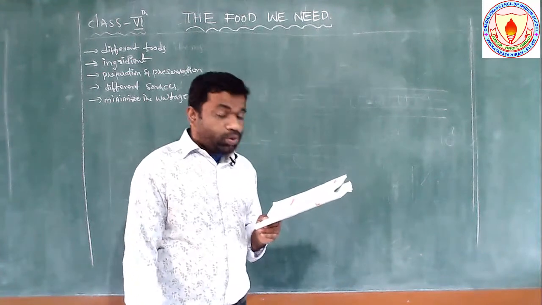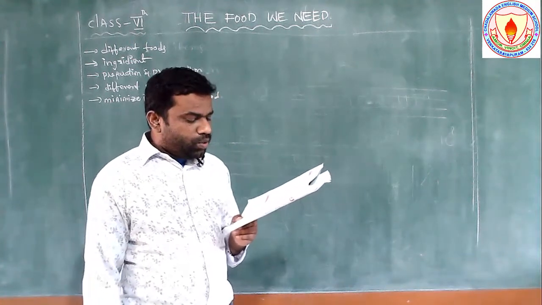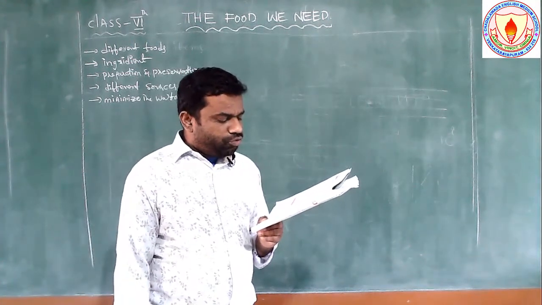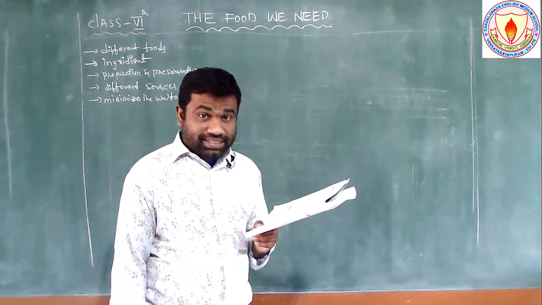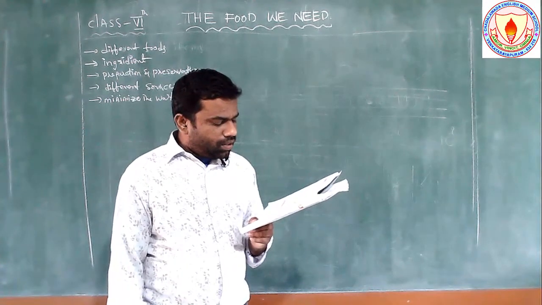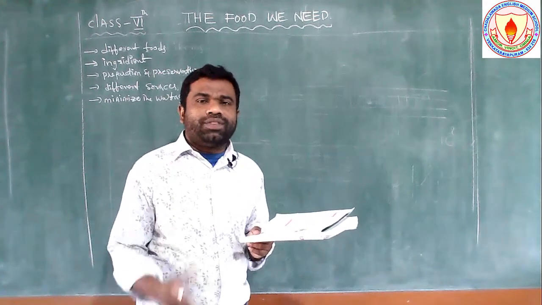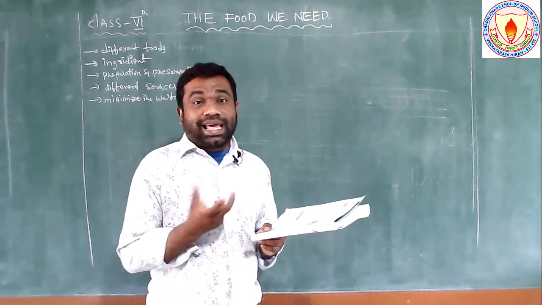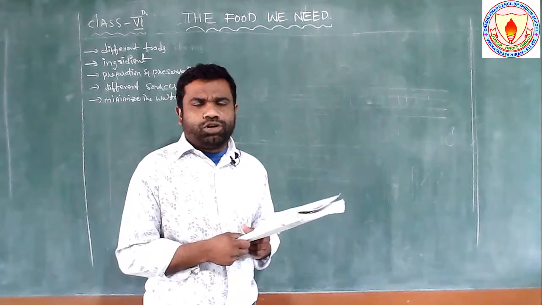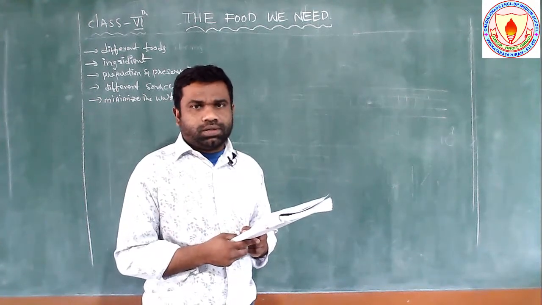So in 2018, the Food and Agriculture Organization said that in India 195.9 million people don't have the food material. They are unable to eat sufficient nutritious food.